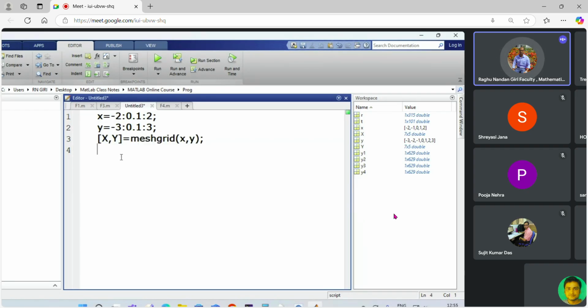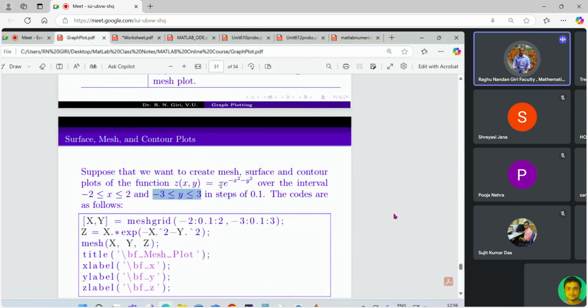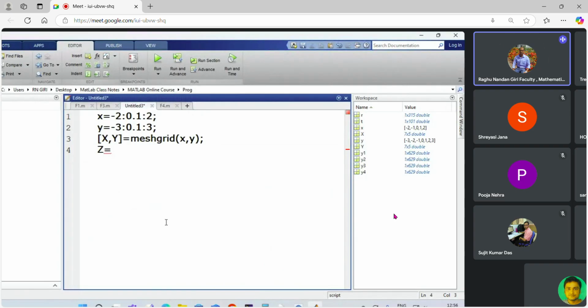Then after that, this function just creates the grid matrix. Then we apply this matrix in the function. Our function is x into e to the power minus x square minus y square.